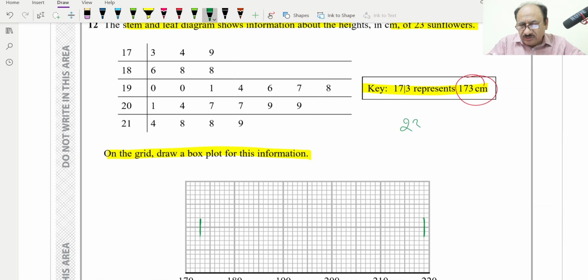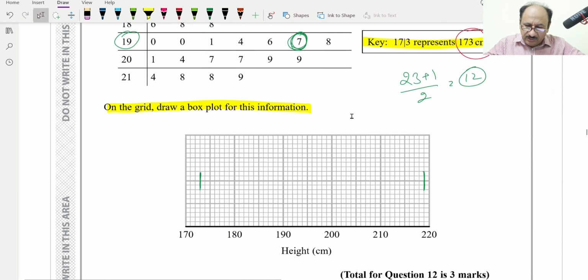So for 23 values we add 1 and divide by 2, so 24 by 2 is 12. So we will check the 12th value: 1, 2, 3, 4, 5, 6, 7, 8, 9, 10, 11, 12. The 12th value is 19 with 7, which is 197. So we go to 197, and the 197 line is this much.